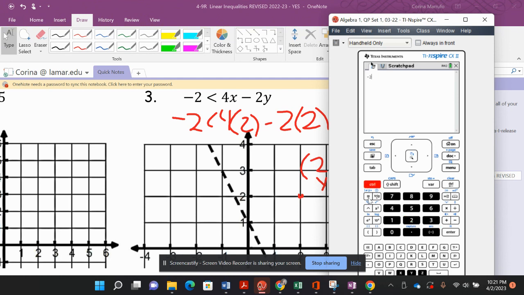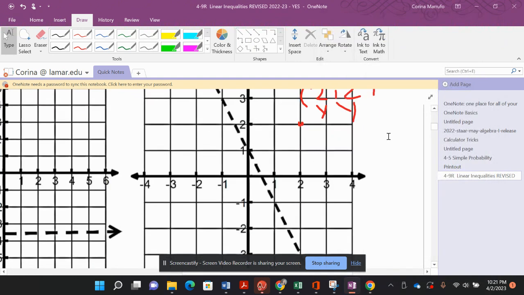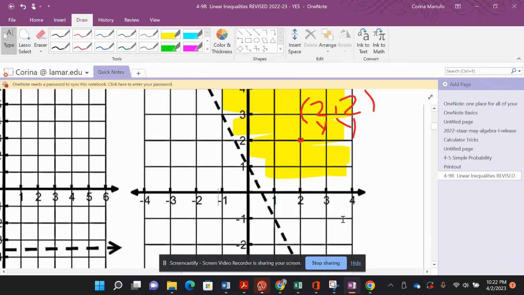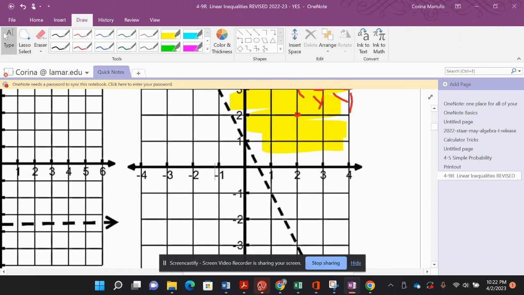So -2, is this less than 4 times 2 minus 2 times 2? Enter, that comes out true. Because it does come out true, that means that this part is a shaded area. If it came out false, then we would need to shade the other side. So this side right here is a shaded area. Let me go ahead and scroll down.